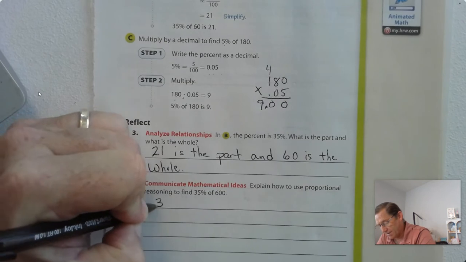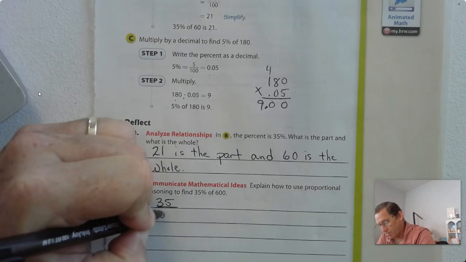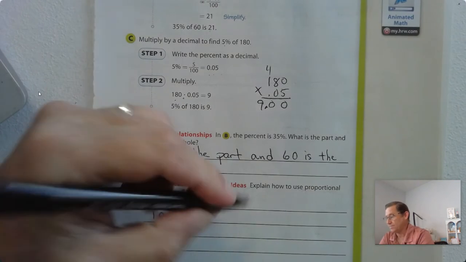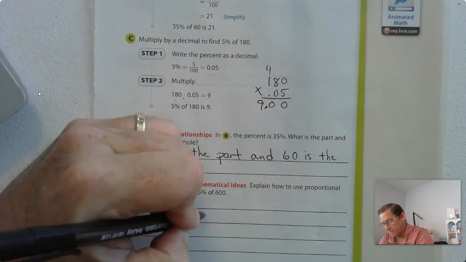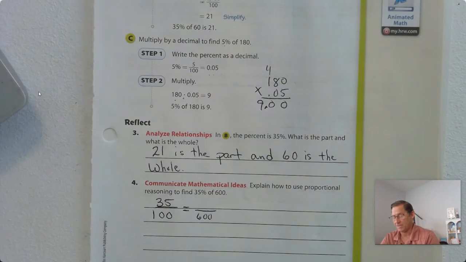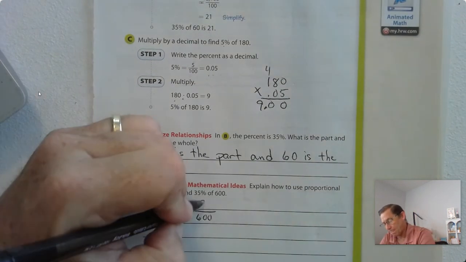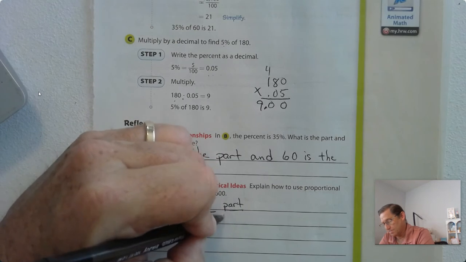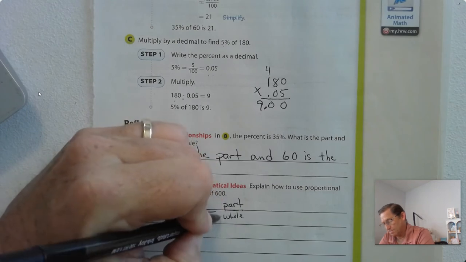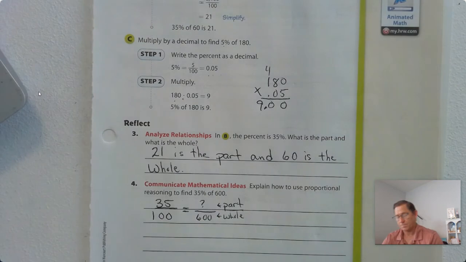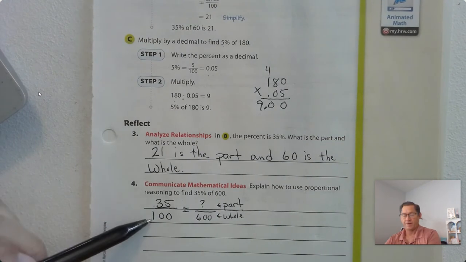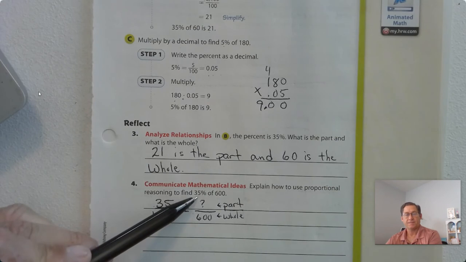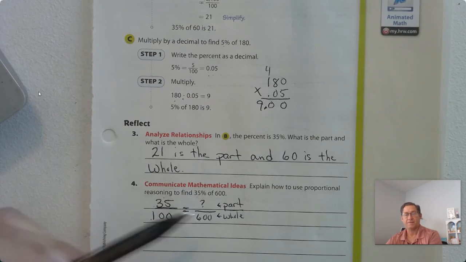Okay, so 35% is 35/100ths. And that's going to equal what part of 600? Okay, so the part of 100 is 35, so 35%, and we need to find the part that is 35% of 600.